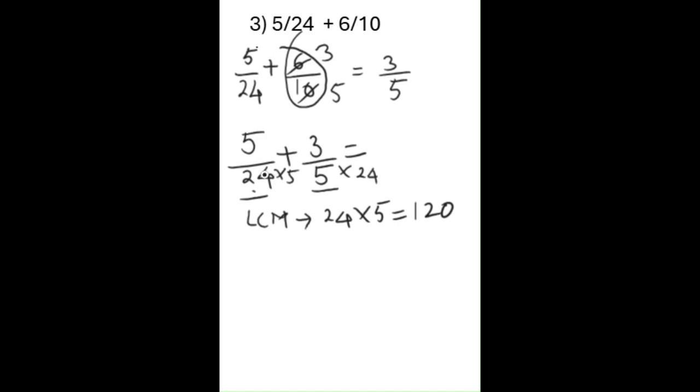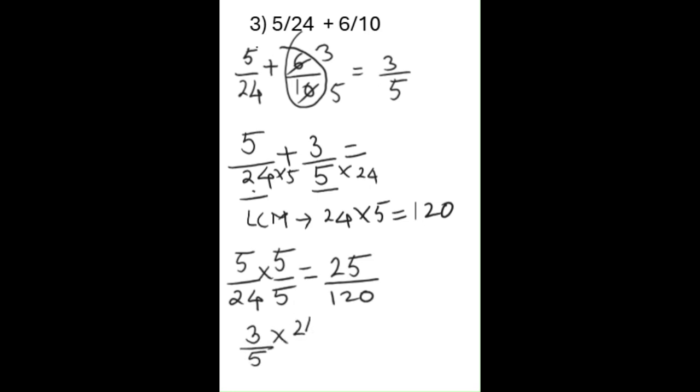When we are multiplying, we have to multiply both the numerator and the denominator. So 5 by 24 multiplied by 5 by 5 will give us 25 by 120 of course, and the other fraction is 3 by 5.